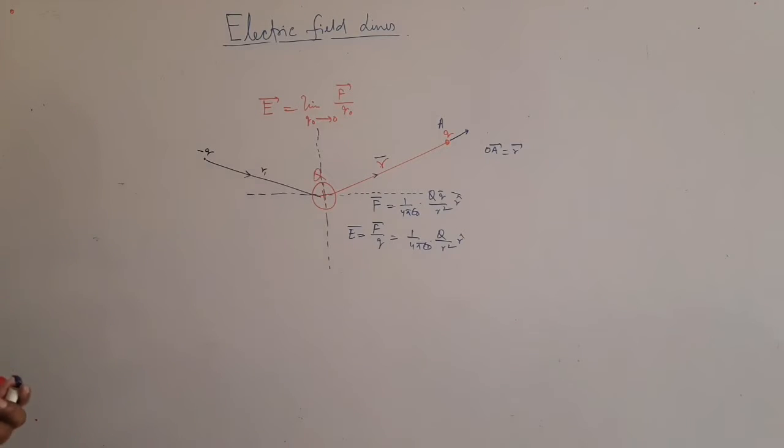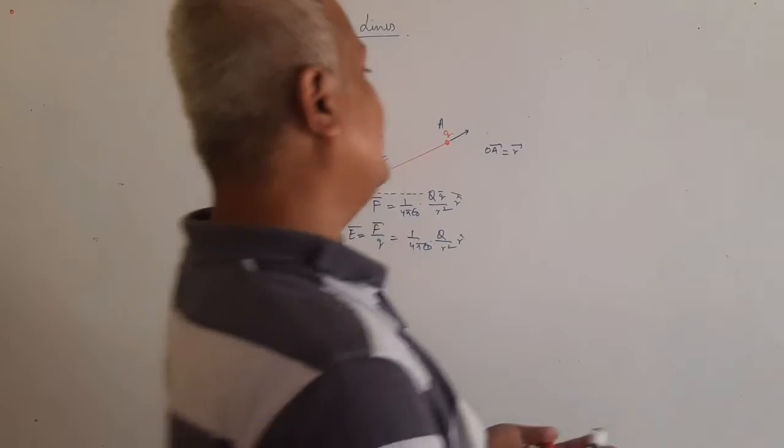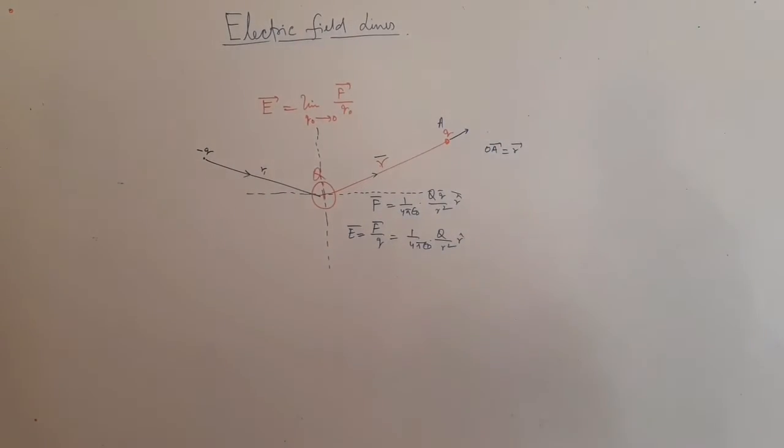Now to understand this in a better way, the mathematicians and scientists came together to develop a mathematical model to explain how you can understand the electric field easily, and they introduced the idea of electric field lines.